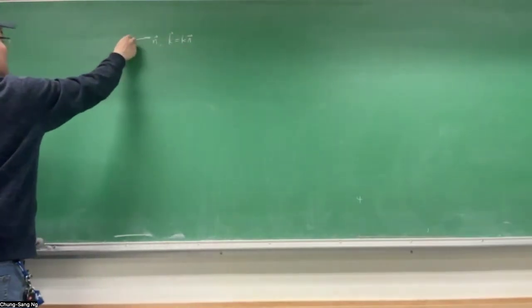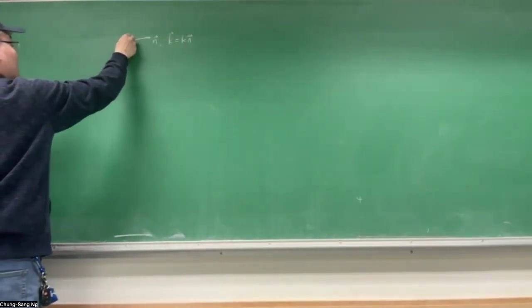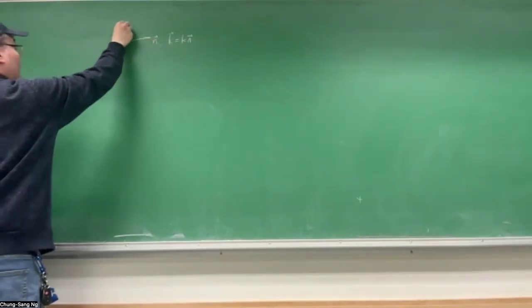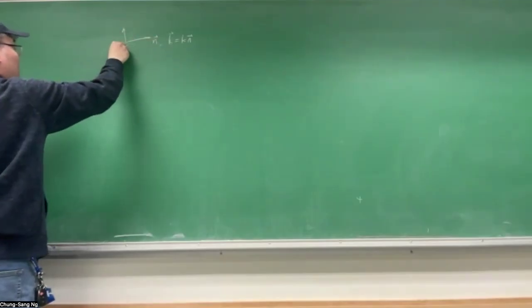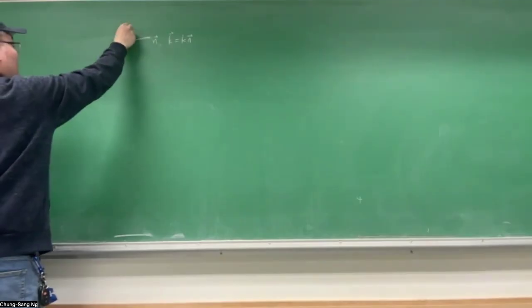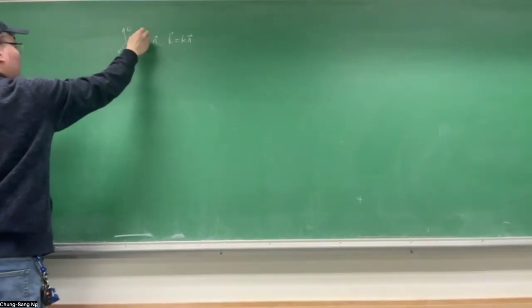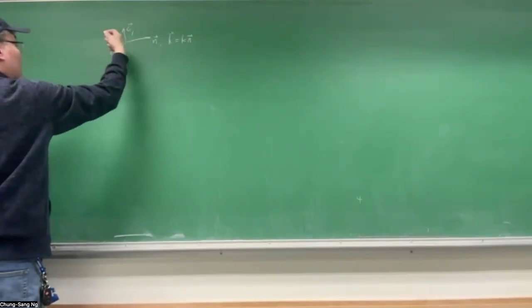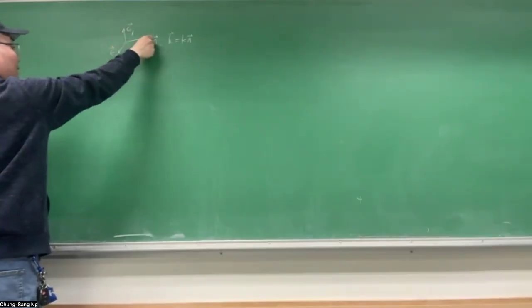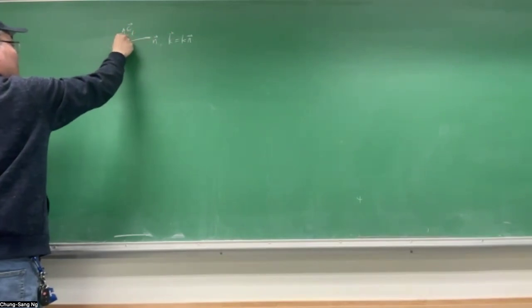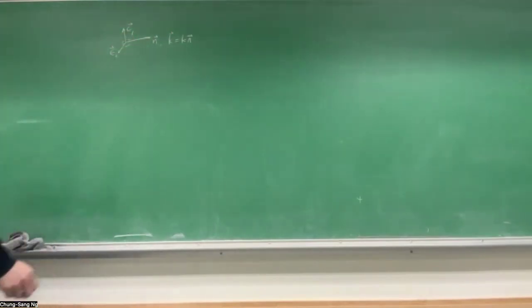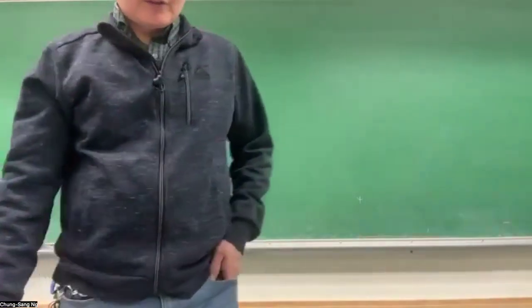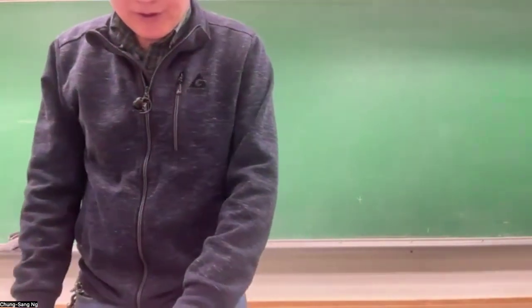And then you choose two unit vectors, both perpendicular to n and perpendicular to each other, so they form an orthogonal set. So epsilon 1, epsilon 2, and epsilon 1 cross epsilon 2 give you n. So they are all perpendicular to each other. Okay, so that's the choice of our local coordinate system.